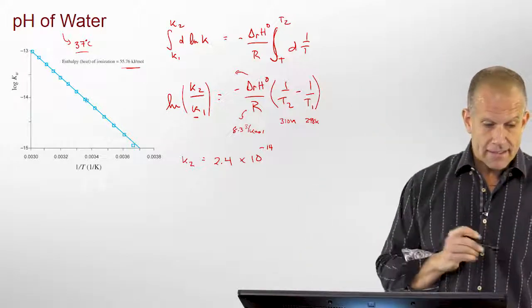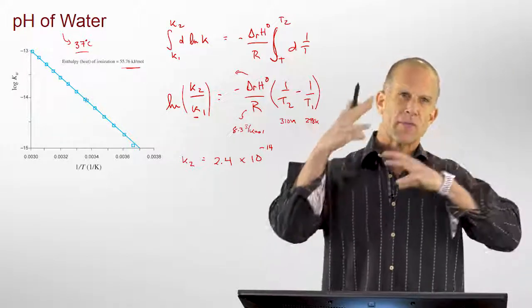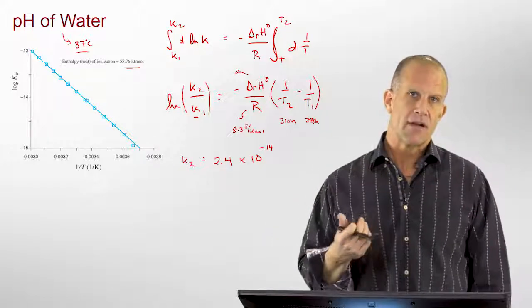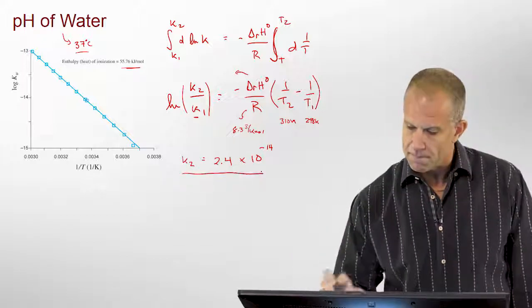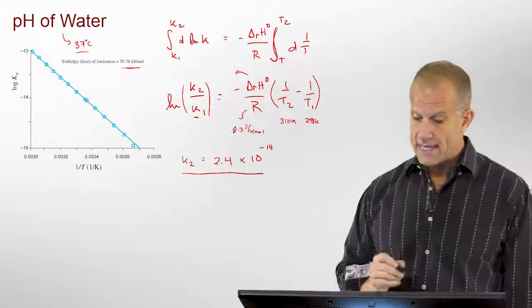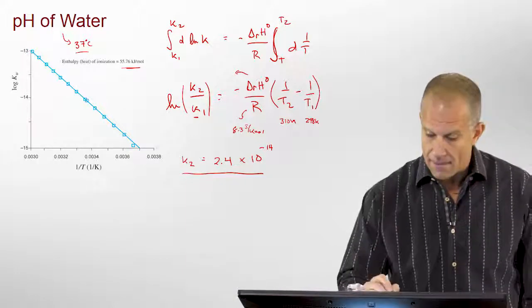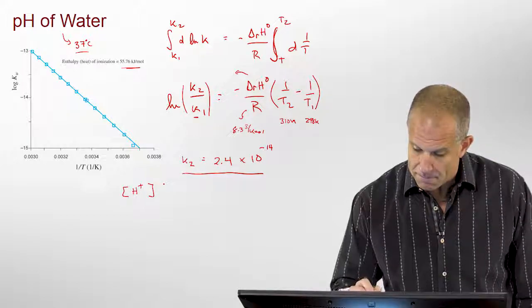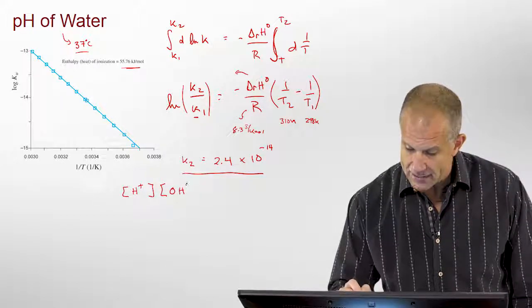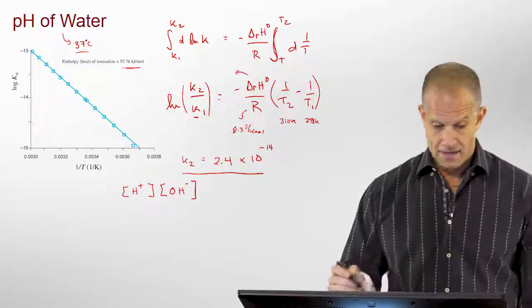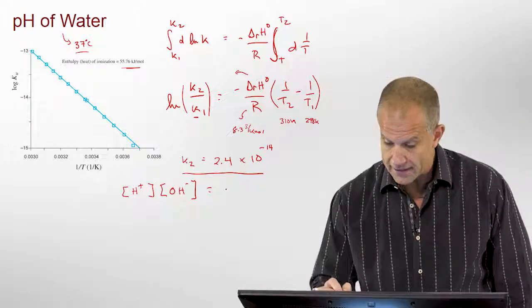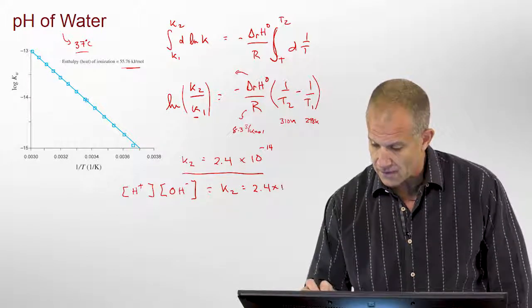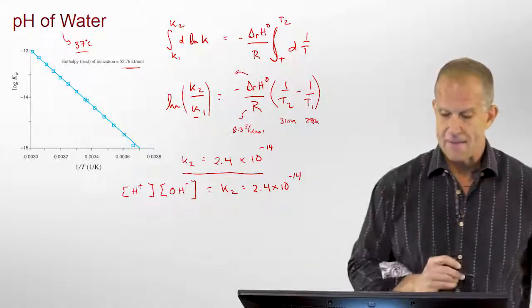And so now let's get this in terms of not the equilibrium constant, which, even if we put this as pK, we might not have as much of a sense for, right, as what the pH is. So in this case, we know that it's the concentration of H plus and OH minus that gives this equilibrium constant K2, which we said is 2.4 times 10 to the minus 14, right?